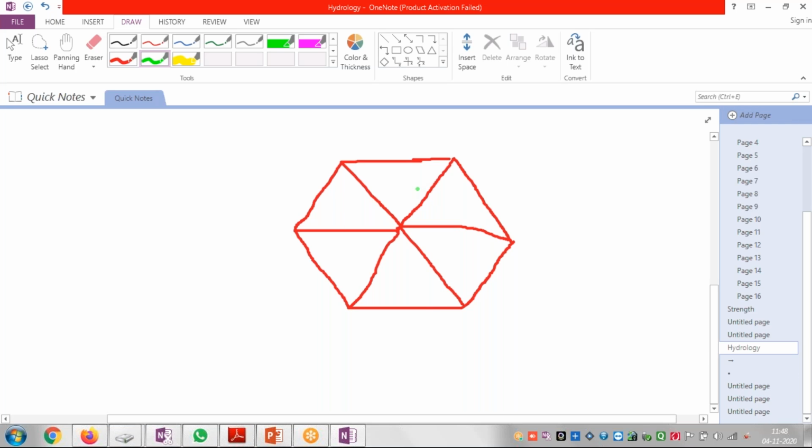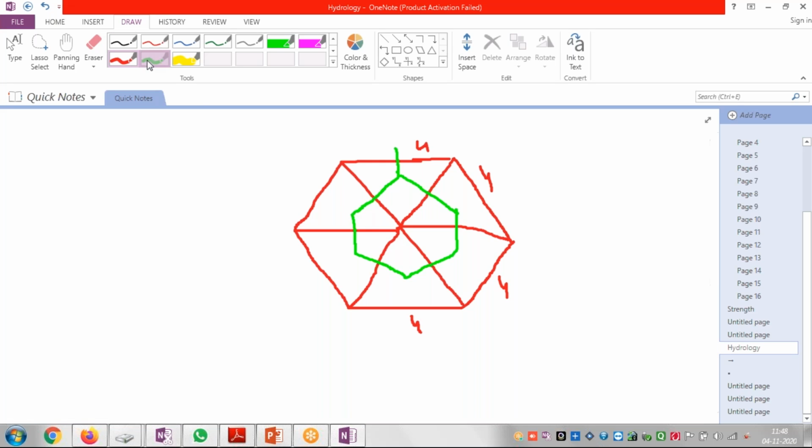Now here we have drawn the perpendicular bisector also, right? If you see, each side is 4 kilometer, 4 kilometer, 4 kilometer. This is also 4 kilometer. This is our perpendicular bisector, right?